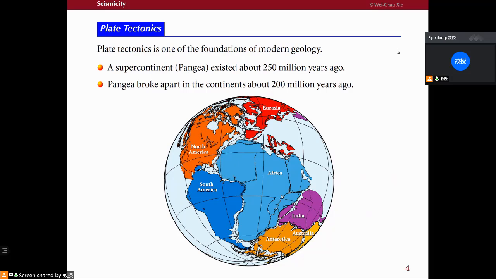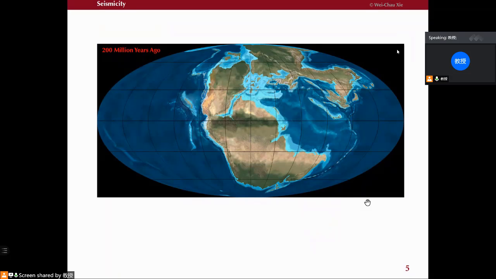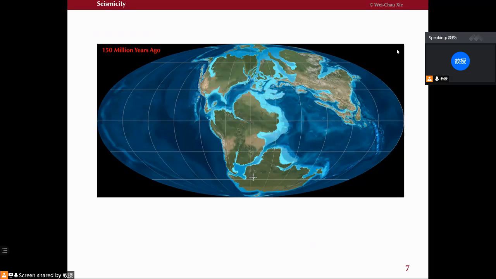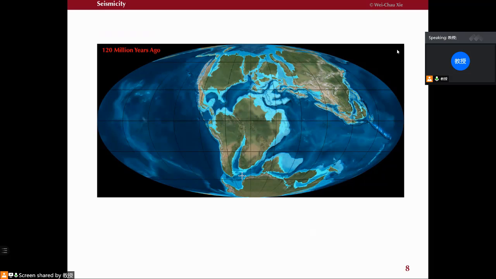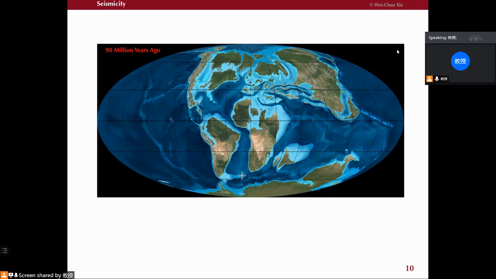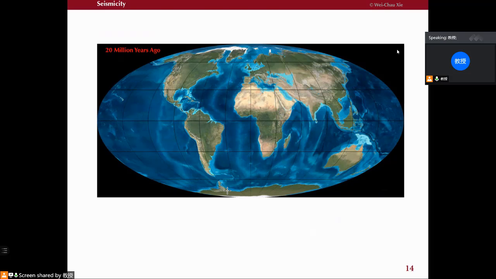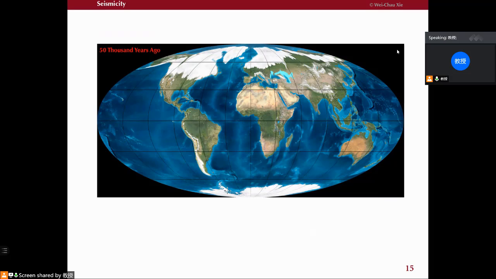This is a simulation 200 million years ago, and you can see the big continent broke up, and then 170 million years ago, 150 million years ago, 120 million years ago, and 105, 90, 65, 50, 35, 20, 5, and the present world.